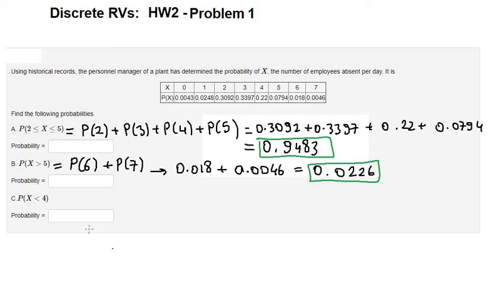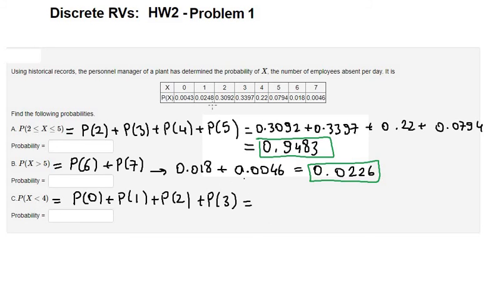Now we're going to calculate the probability that X is less than 4. The logic is the same. It is equal to the probability that X is equal to 0, X is equal to 1, X is equal to 2, X is equal to 3, but not 4, because 4 is not inclusive here, since it is strictly less than 4.